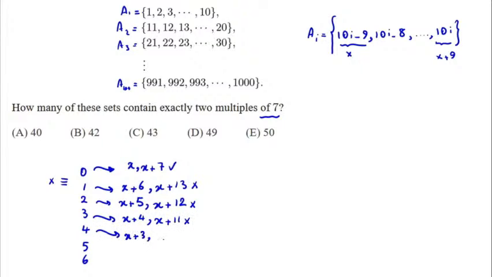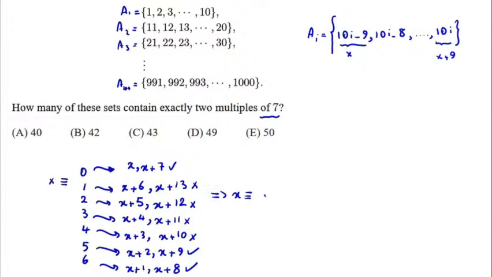Here, x plus 3 and x plus 10, again bad. And this one, x plus 2 and x plus 9, both of them are good. They are in this interval. x plus 1 and x plus 8. So we conclude x mod 7 has to be 0 or 5 or 6 mod 7.